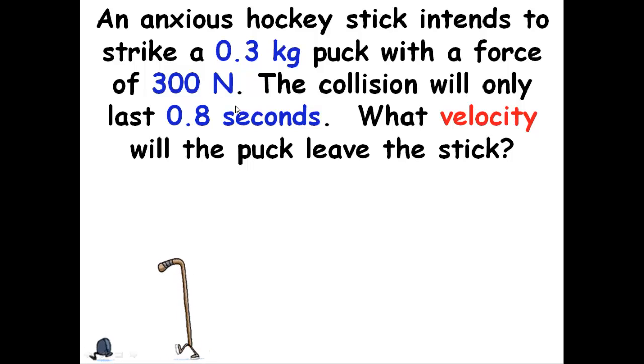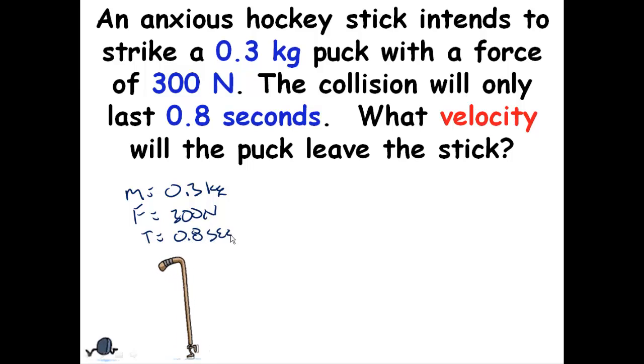So we have this anxious hockey stick. It's going to strike a puck with a mass of 0.3 kilograms. And it's going to strike it with a force of 300 newtons. The collision only lasts 0.8 seconds. What's the velocity? Oh, we know it initially had a velocity of 0.